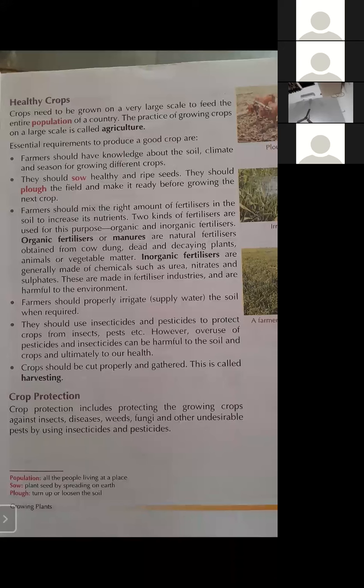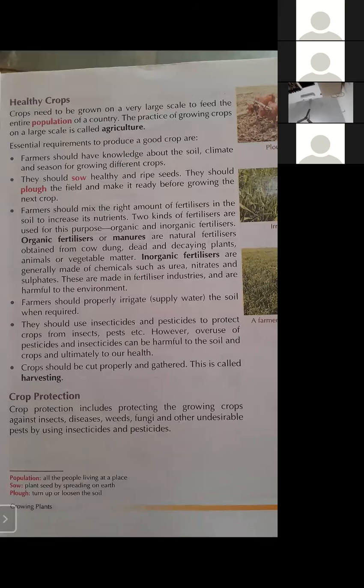We are interested in growing the wheat crop, and we do not want those unwanted plants. Those unwanted plants are known as weeds.